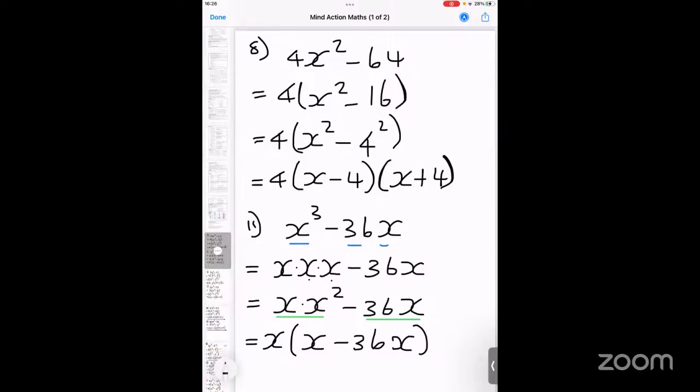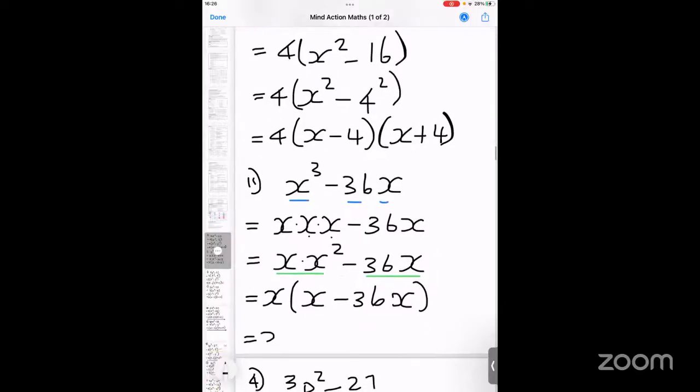Next thing you write is x open bracket x minus 6 to the power of 2 close bracket.